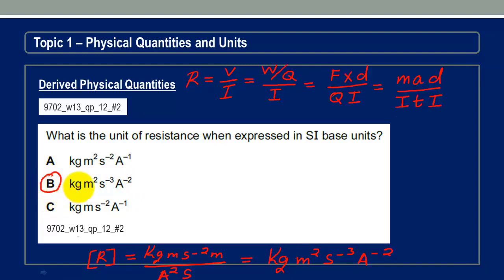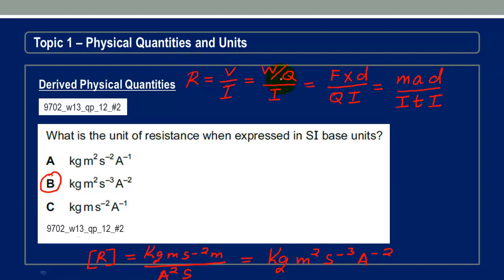Again, you can see the procedure for arriving at the answer is the same. You must recall the equation which is associated with the definition of that physical quantity. And then, if that physical quantity is expressed in terms of other derived physical quantities, you must break them down.